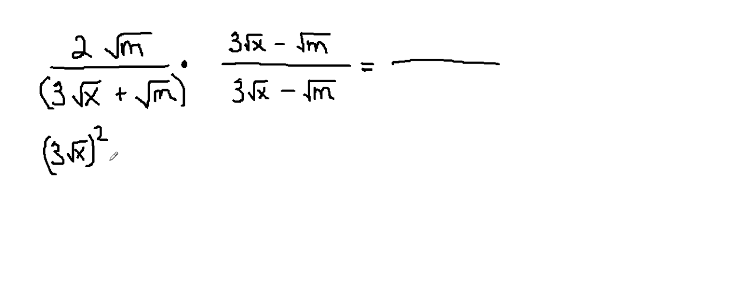This is 3 times the square root of x, squared, which is 9x, and the square root of m squared is m, and it's always subtraction in between. Okay, nice. So now I'm going to distribute this.